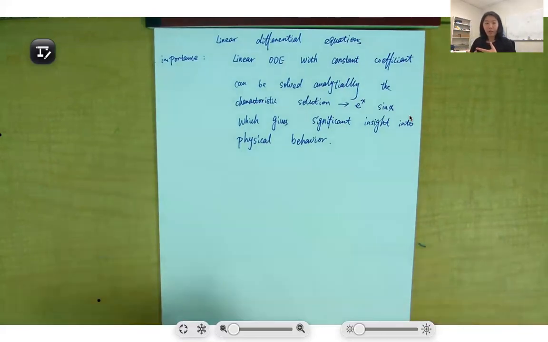And we will talk about the general terminology and notations about linear differential equations. For example, what does the general solution look like? What does a particular solution look like? What is the independence between different solutions? And what are the unique solutions? Those kinds of general terminology and notations.